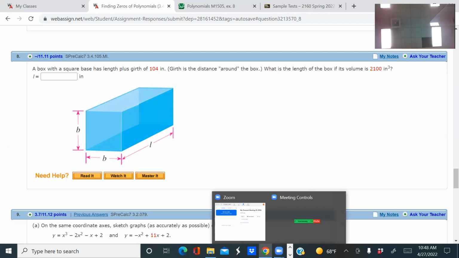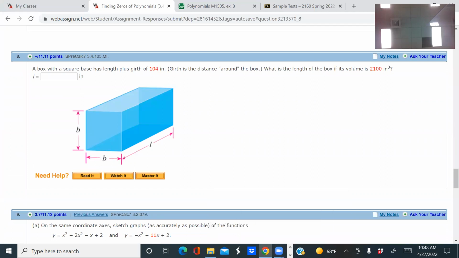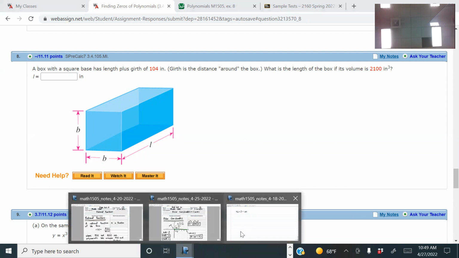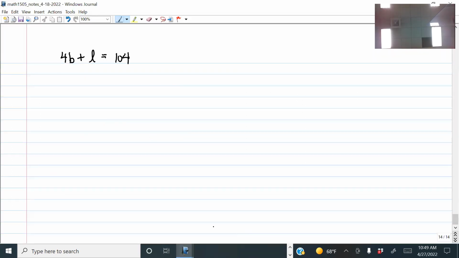Well, remember, to calculate the volume of a rectangular box like this, you have to multiply all the dimensions together. So we would have B here times B again, and then times L, all right? So that's the volume computation. So let's write that down. So B squared times L is equal to 2,100.